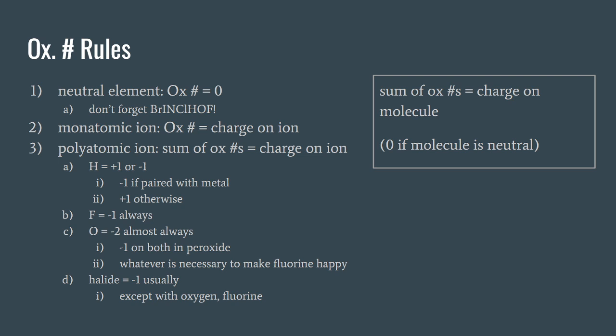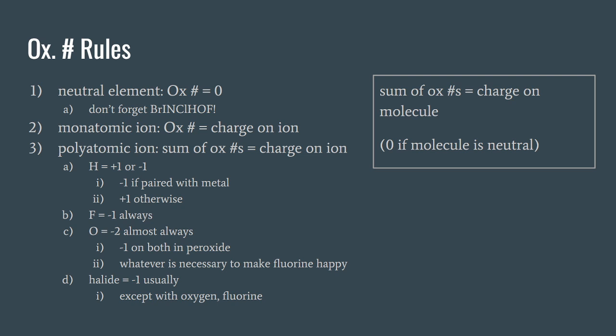So oxidation number is related to charge. But you also have to look at oxidation numbers for atoms that are parts of molecules or polyatomic ions. And in that case, it's not quite the same thing as charge.